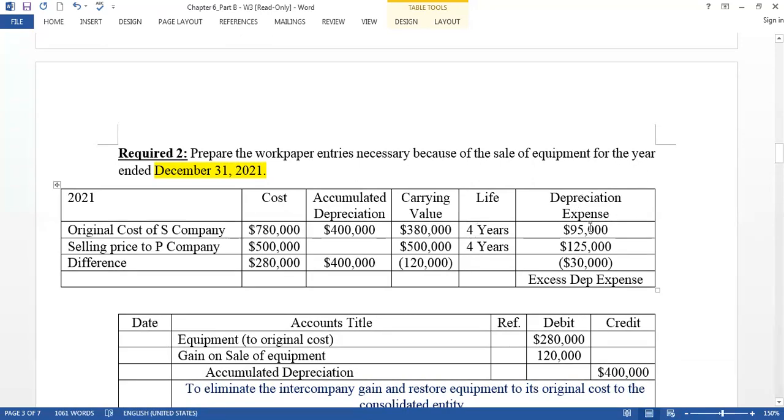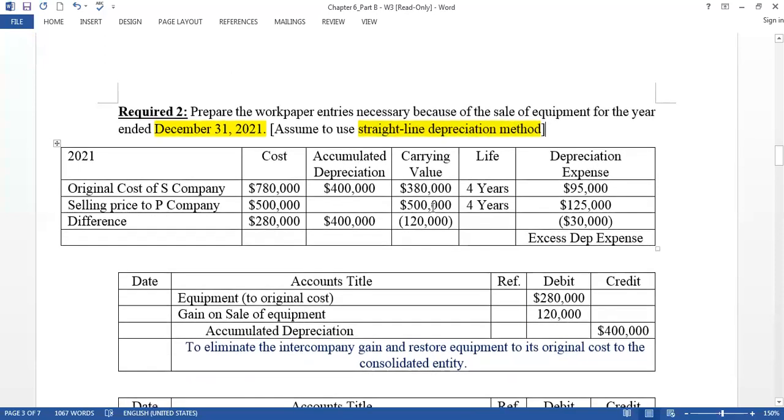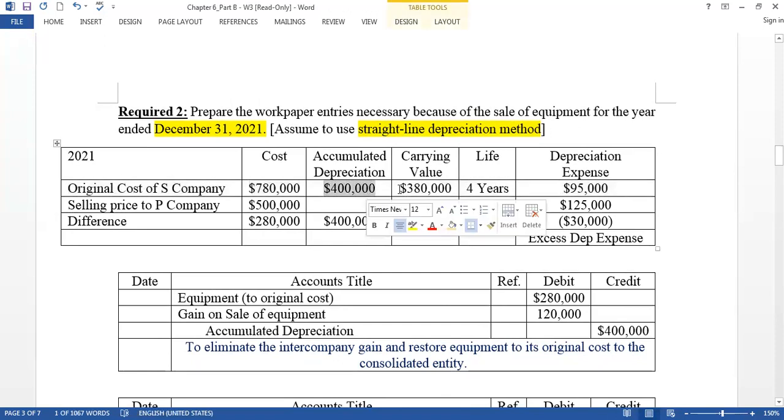So we can record depreciation expense, and this question assumes that we follow the straight line depreciation method. This is the subsidiary company, because the subsidiary will record it separately. Cost minus accumulated depreciation equals book value.